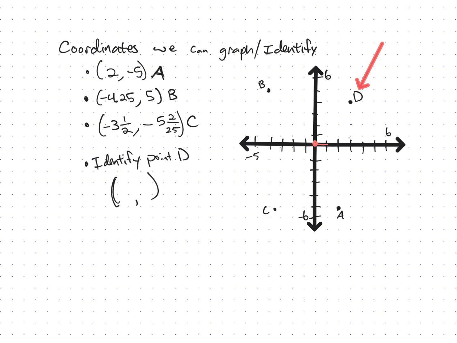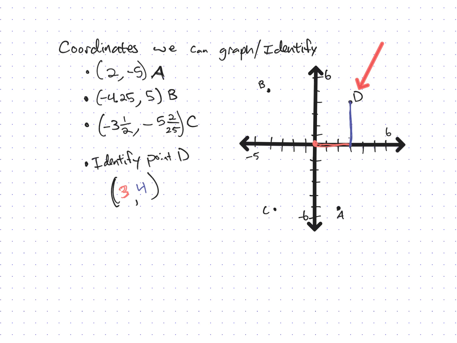So I run 1, 2, 3 positions, and then I'm jumping 1, 2, 3, 4. So my coordinates will be 3, comma 4. And that is how we identify points.